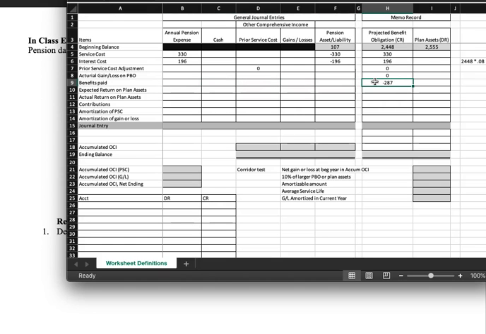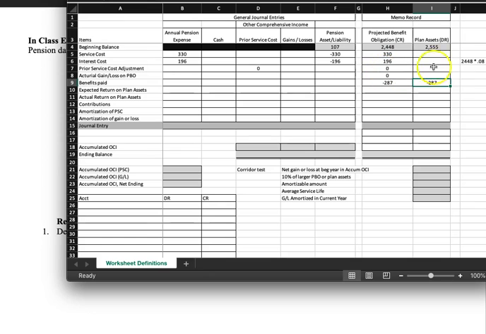Well, when we pay out benefits, we simply reduce our debt, reduce our cash or our plan assets. So when I take that down, my plan assets are also going to go down. So I'm going to debit my PBO, I'm going to credit my plan assets for that. So notice, for everything that impacts PBO, there's an offset. It either impacts my pension expense, my prior service cost, or my plan assets.